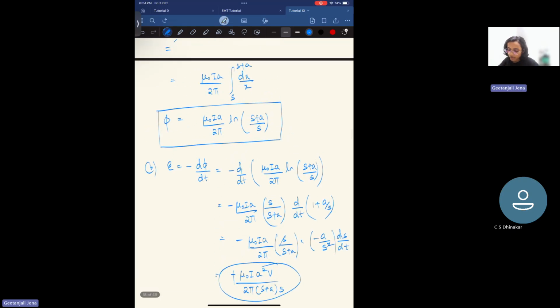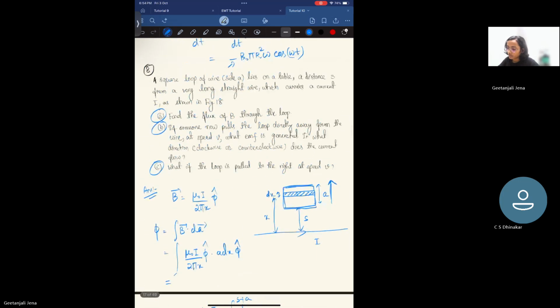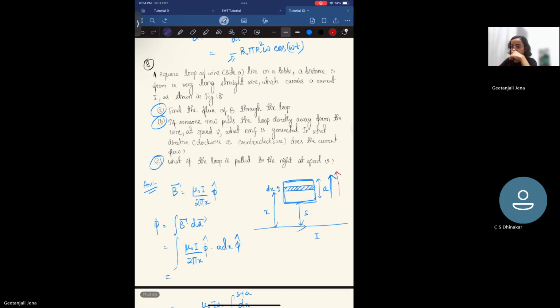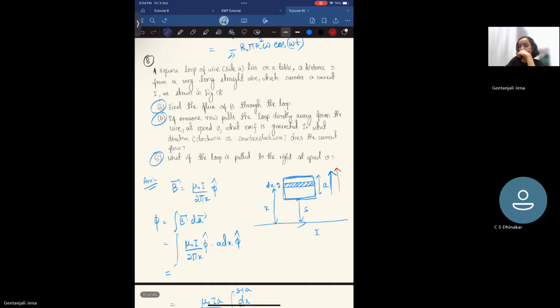Can you tell me what will be the direction of current? If you are pulling the square loop away from the wire, what will be the direction of current? Negative x.